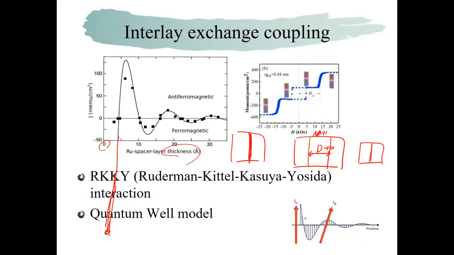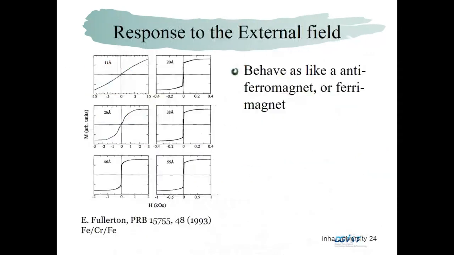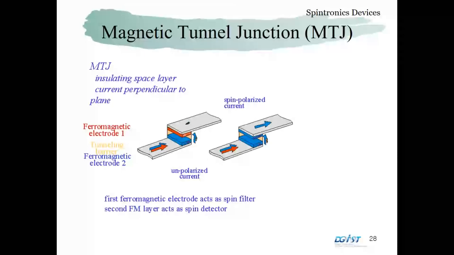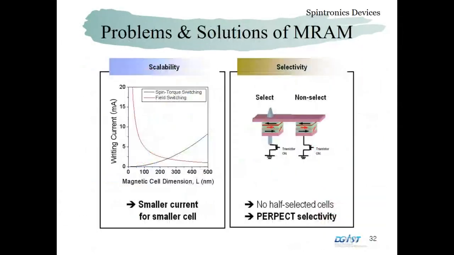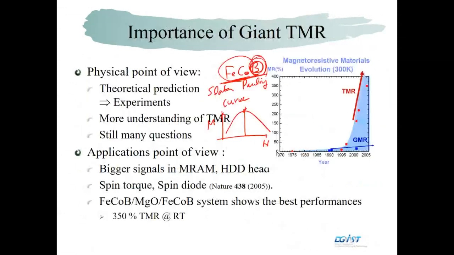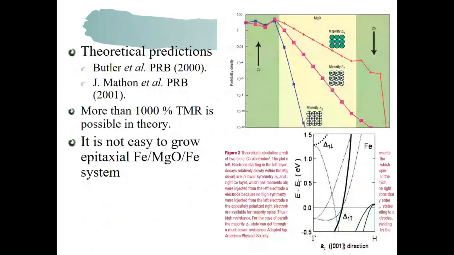If you think about only the delta one band, then 100% is correct. But in reality, it's not easy to obtain the perfect crystal. So if you have some misaligned crystal, there is some kind of mixture of the bands.